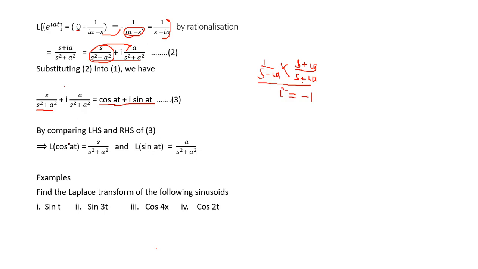So by comparing, we have Laplace of cos at equals s over s squared plus a squared, and Laplace of sin at is also giving us a over s squared plus a squared. So this is how you can transform the sinusoidal function into Laplace transforms. So Laplace of cos at is given by s over s squared plus a squared, and that of the sine will be given as a over s squared plus a squared.